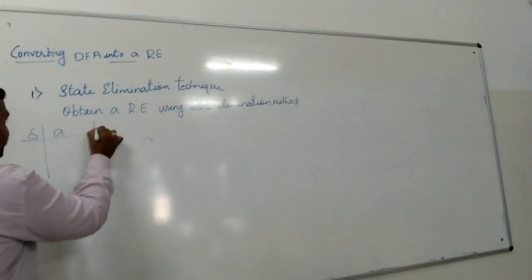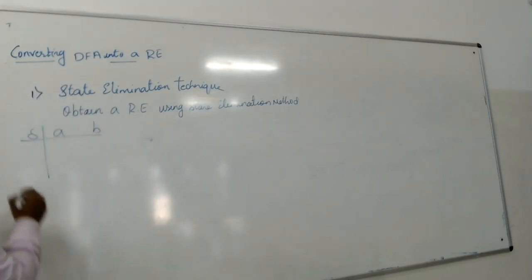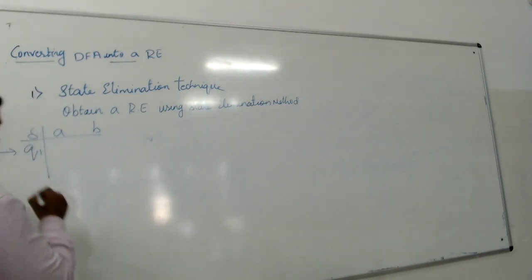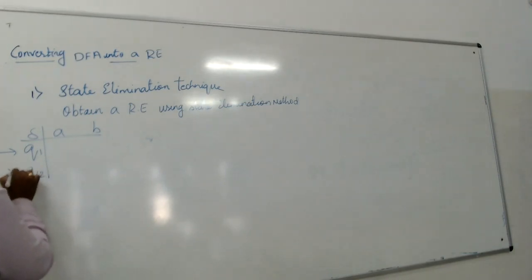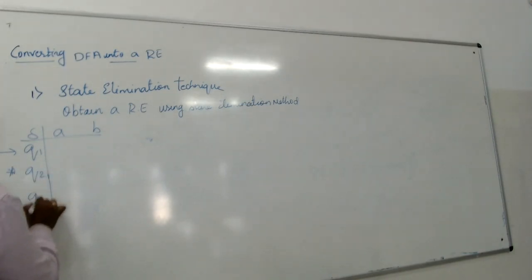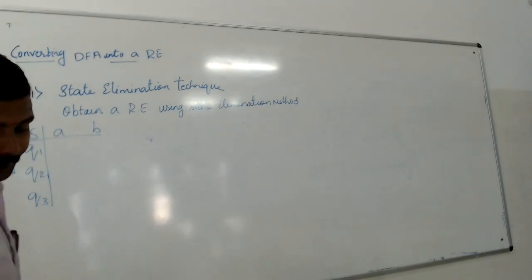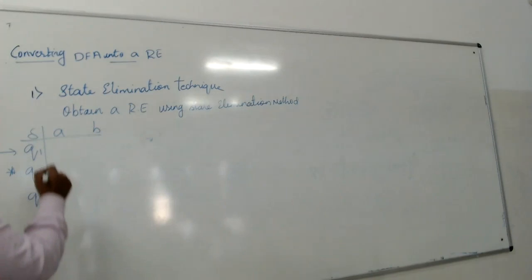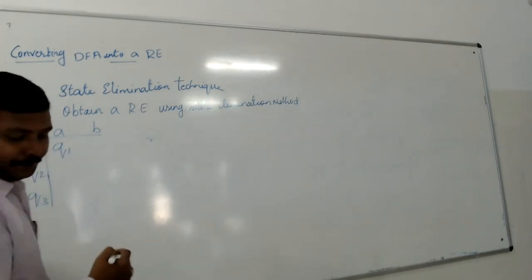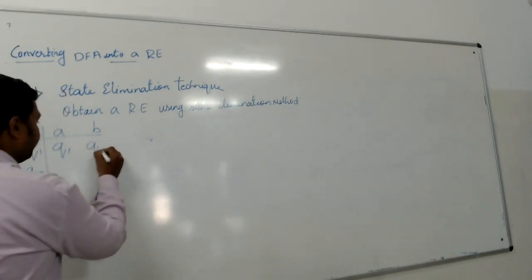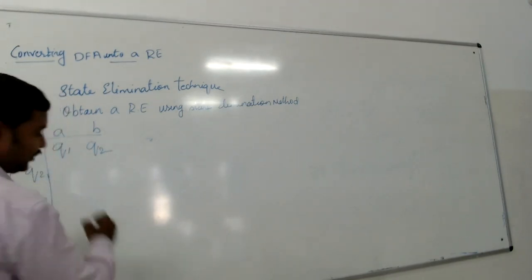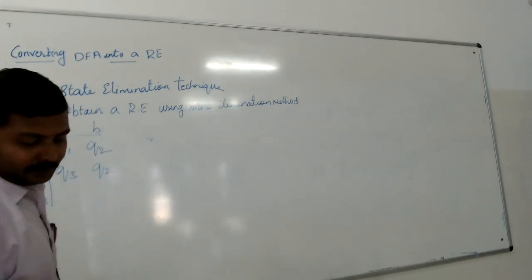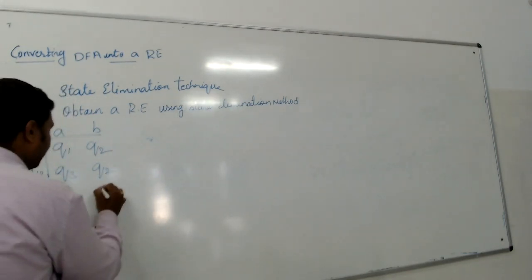There are two alphabets, A and B. This is Q1, which acts as the start state. This is Q2, which acts as the final state, and one more, Q3. This is Q1, this is Q2, this is Q3, this is Q2, and this is null and null.